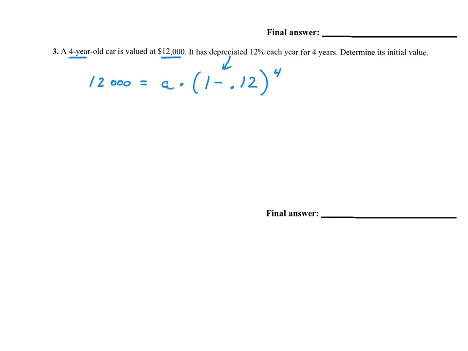So to find our initial value, we've got to isolate for A by dividing both sides by 0.88 all to the 4. So this takes care of this, and our initial value rounded to the nearest cent is going to be $20,010.16.